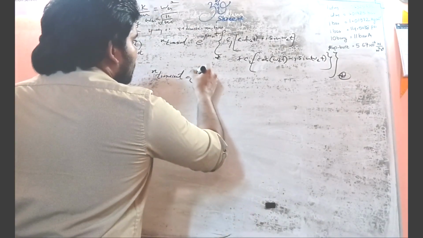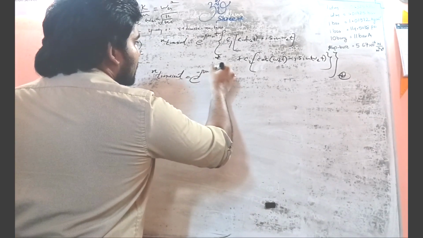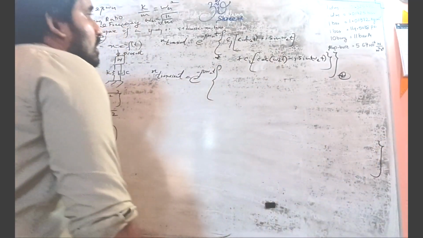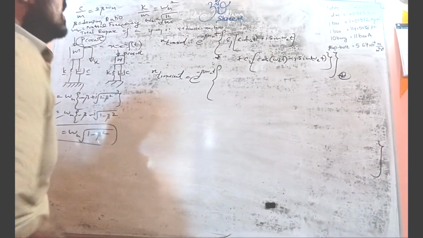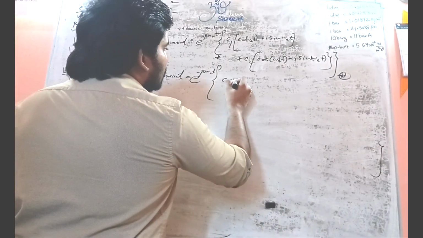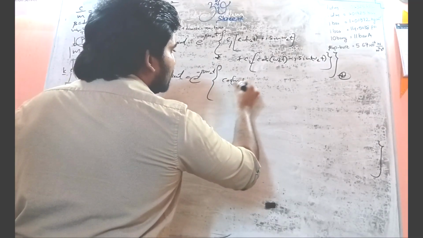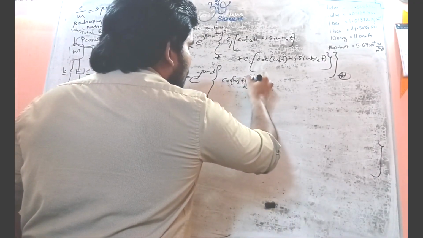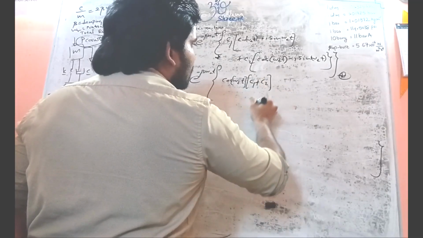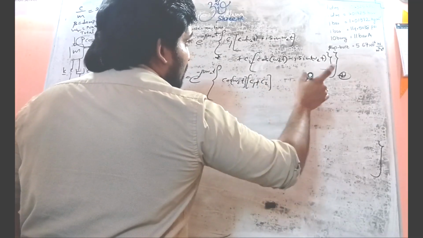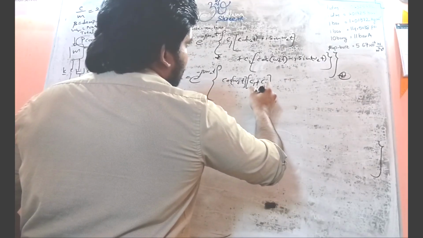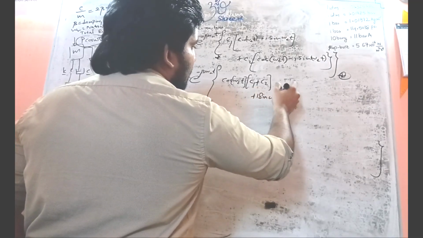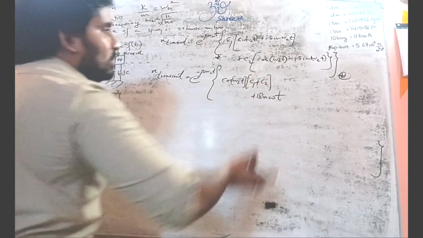Now we can do something like this. E to the power minus beta omega n t will be there. Put larger brackets. Let's separate these terms. Cos omega d t, put the bracket, so that's better, times c1 plus c2, plus i sine omega d t.